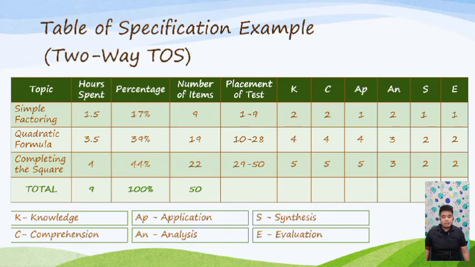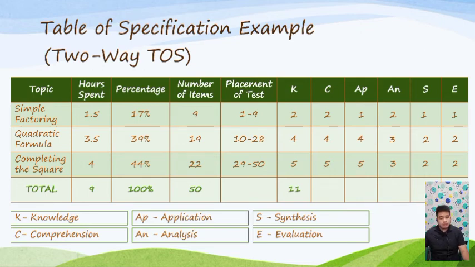So I assigned that one. So as you can see, the distribution of questions is not far from the others, but I focus on the lower thinking skills, which are knowledge, comprehension, and application, since this topic is mathematics.